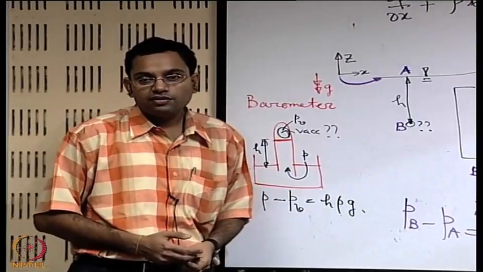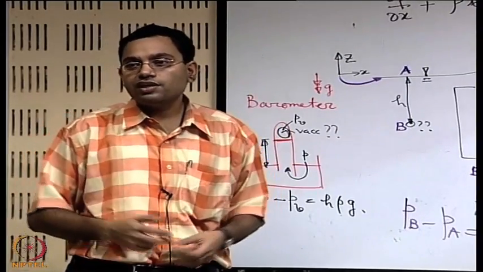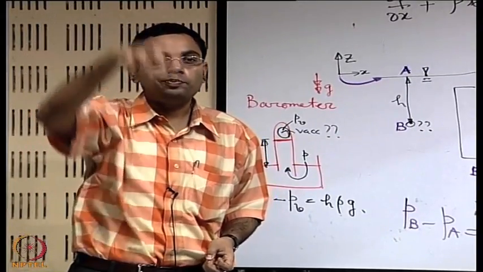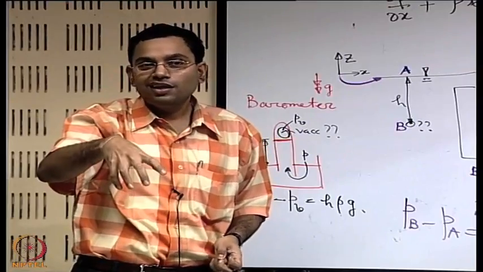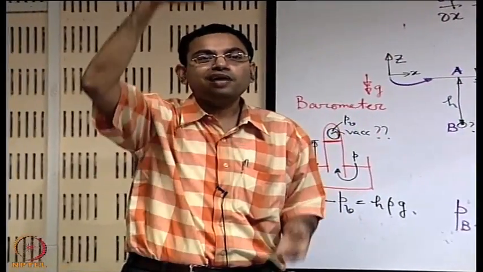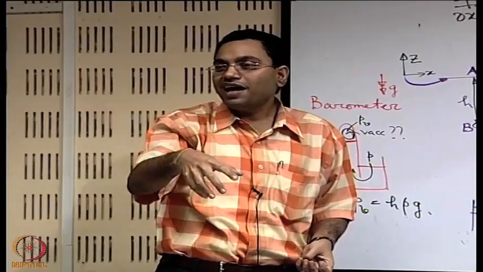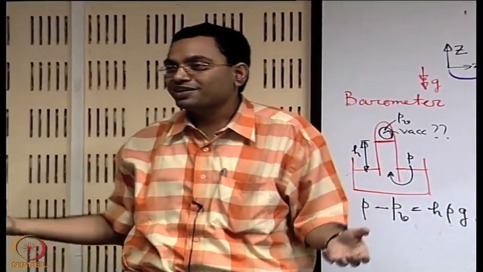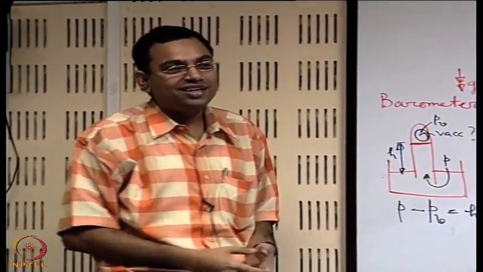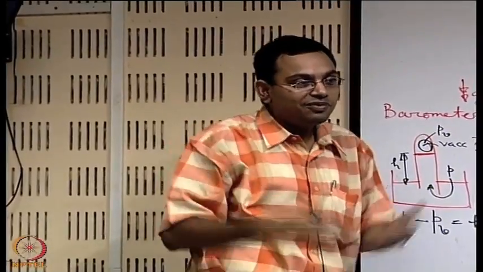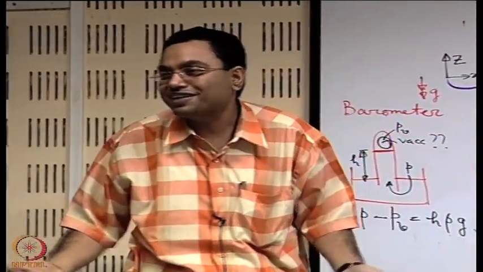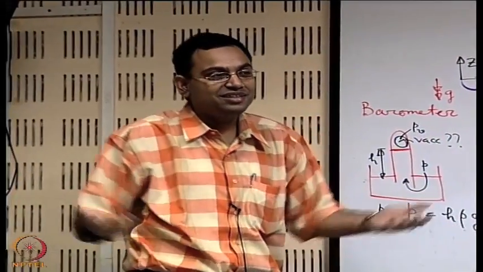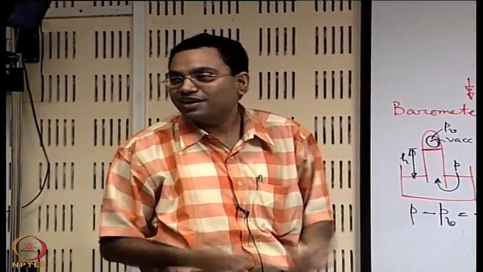Then he said, what I will do is drop the barometer from the top of the building and measure the time it takes to reach the ground, and h equals half g t square. So from that time I can measure the height. It reflects some understanding of physics, but it is a bit destructive because the barometer may be damaged, and so on.